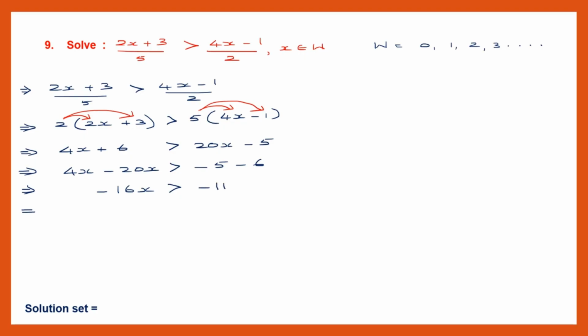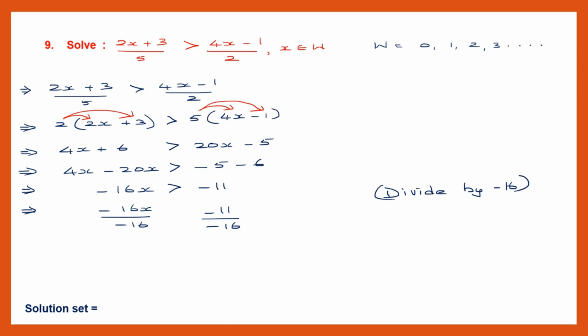Now here to remove this minus 16 from this x, I need to divide this by minus 16. So both sides I have to divide by minus 16. So it becomes minus 16x divided by minus 16. Here also minus 11 divided by minus 16.